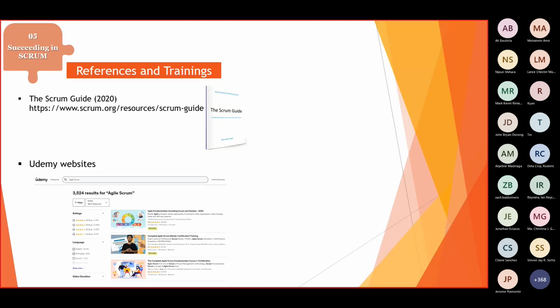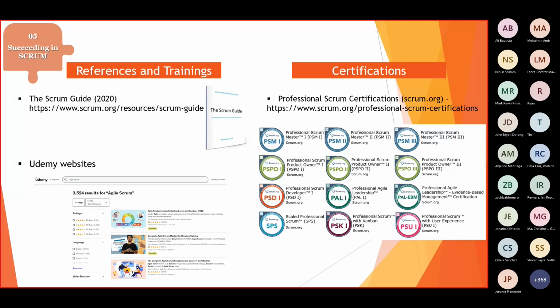Okay, and then based on my experience, when I got my certifications in Scrum, I used the Udemy websites and the Scrum Guide. These references are really helpful in deepening my knowledge and passing the certifications that I have now. And finally, if you really want to take everything to the next level, we have a lot of professional certifications available for you.